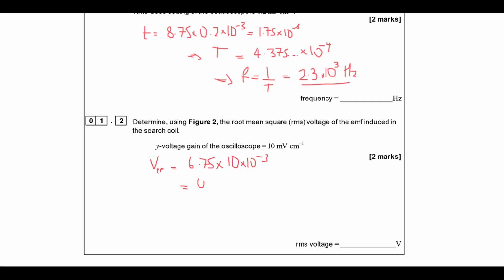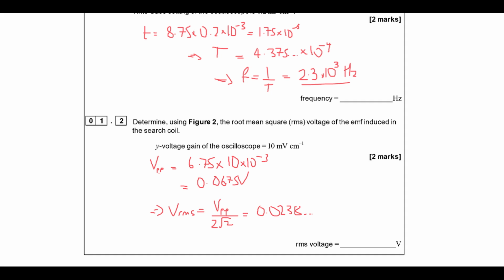So let's calculate that. So 6.75 times 10 times 10 to the minus 3. It's going to be 0.0675 volts. So to get just the peak, we would divide that by 2. So to get RMS, we divide by root 2. So we're going to divide the whole thing by 2 and divide by root 2, and that will give you the RMS, which is 0.0238.